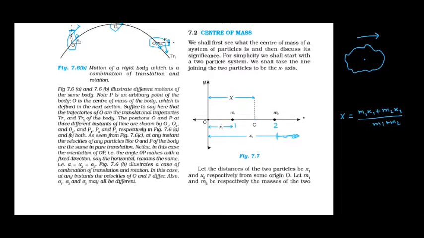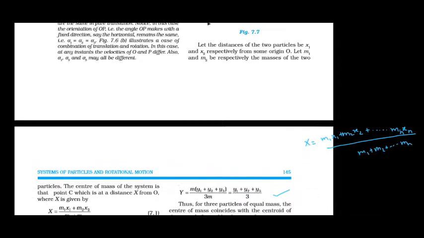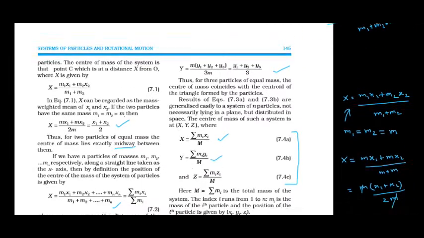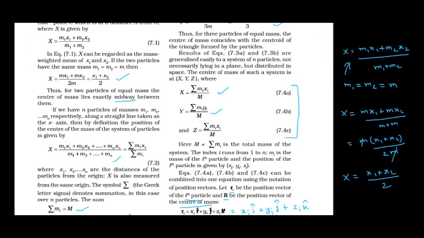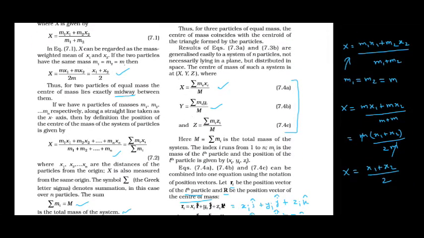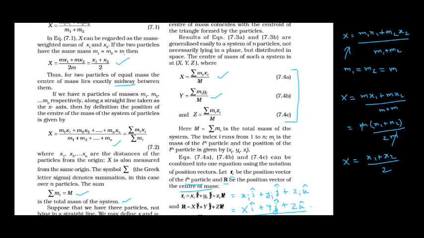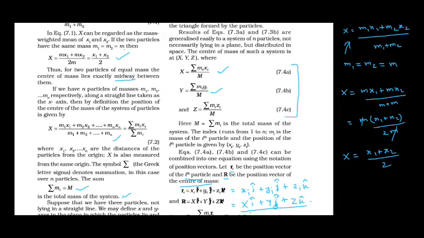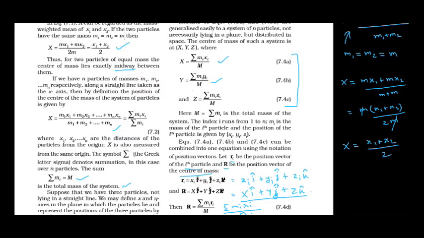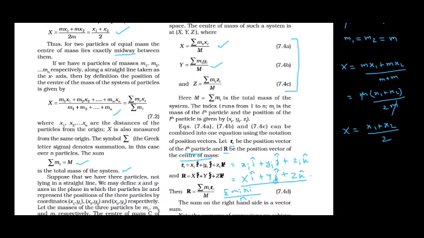What is the center of mass? We found that it is midway between the two particles. Thirdly, we found what the center of mass is for an n particle system, which we wrote in the form of sigma.